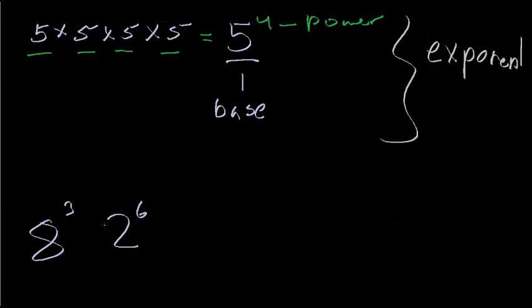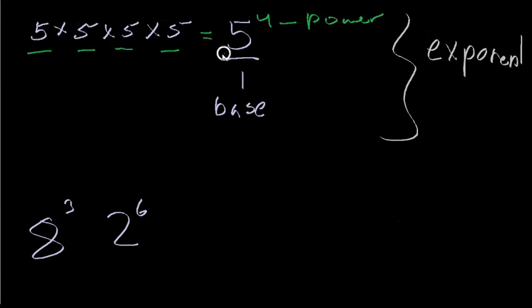Again, to recap, the base is the number that's being multiplied, and the power is how many times it's being multiplied. And this is basically the basics of exponents.